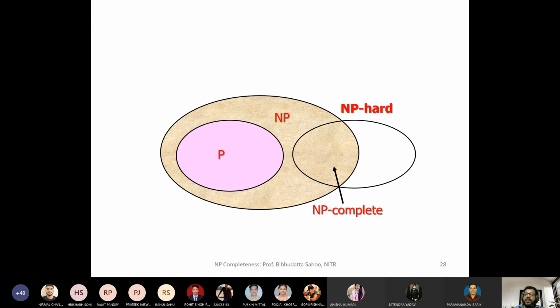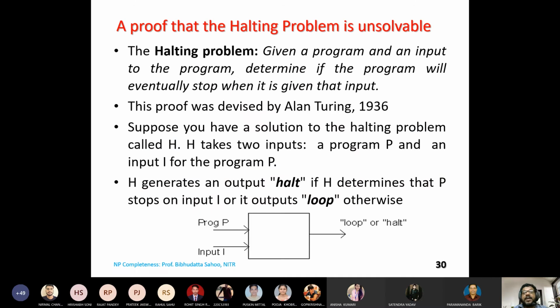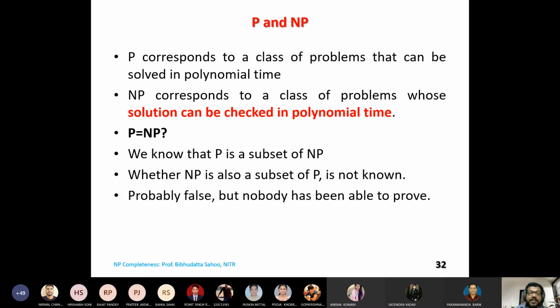Once it belongs to NP, then you have many questions: prove that the problem is NP-complete or prove that the problem is NP-hard. It's like this. First, belongs to P, and not belongs to P. Only this diagram: first belongs to P and not belongs to P. So with this assumption, we'll proceed, assuming we have understood P and NP first.